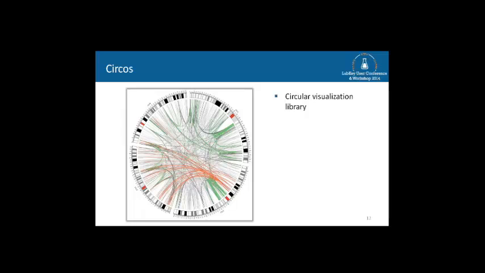So here we have the human genome on the outer edge, and then lines that define relationships between one chromosome to another. So this was originally built for visualizing genomic data, but has been adopted for other applications.